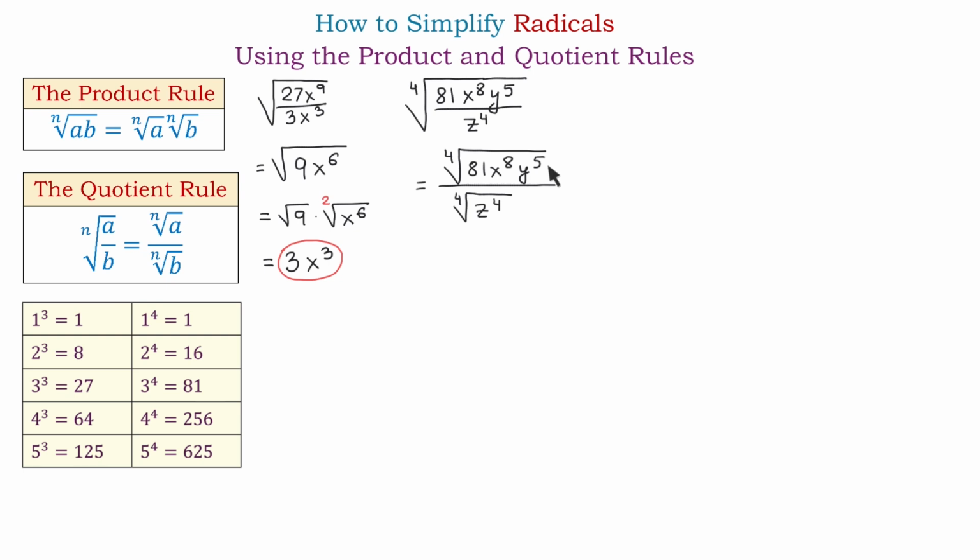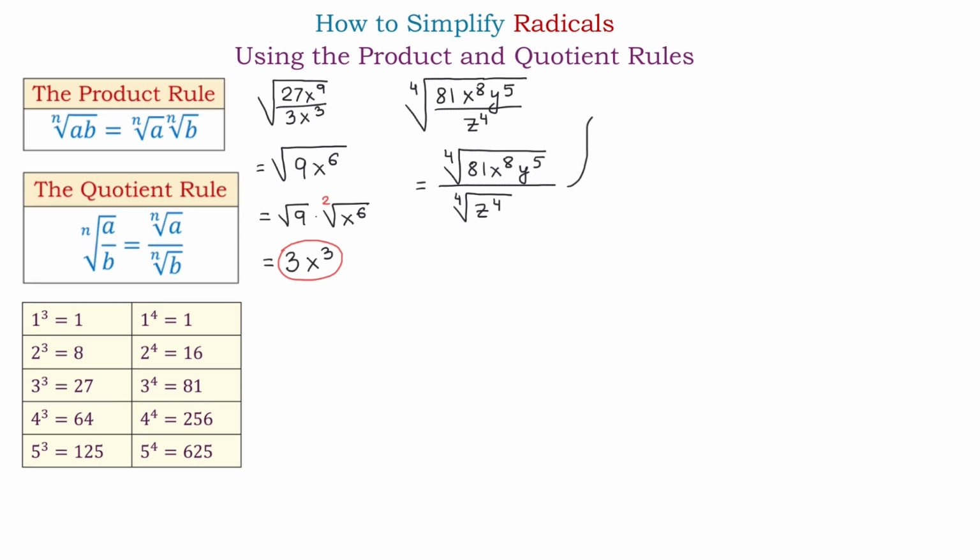Now, what about y to the 5th power? If we divide 5 by 4, we will not get a whole number. But when we simplify radicals, we want the exponents to be whole numbers. In this case, we need to split y to the 5th power into a product where one of the exponents will be divisible by 4. So we will write y to the 5th power as a product of y to the 4th power times another y.